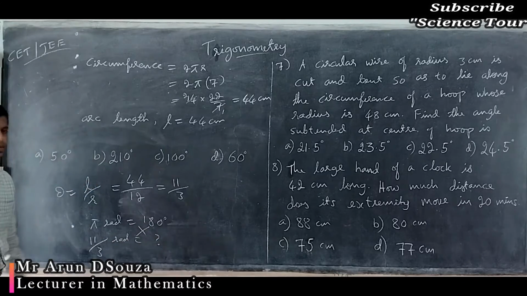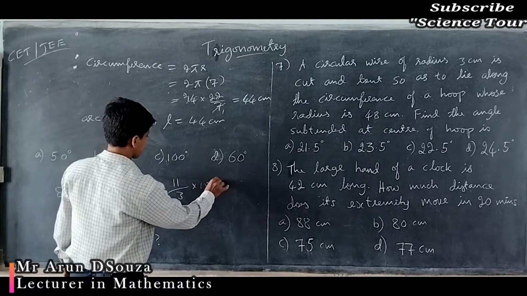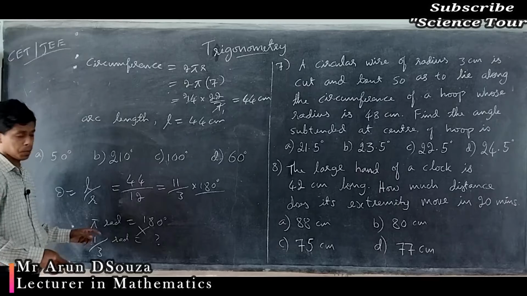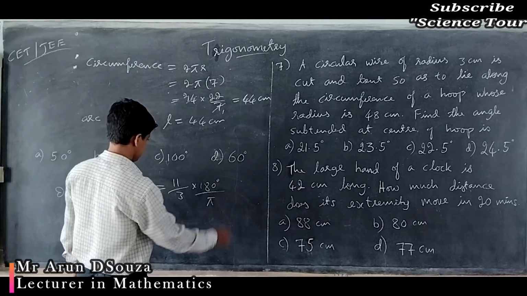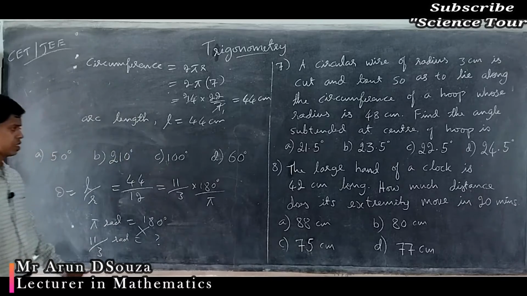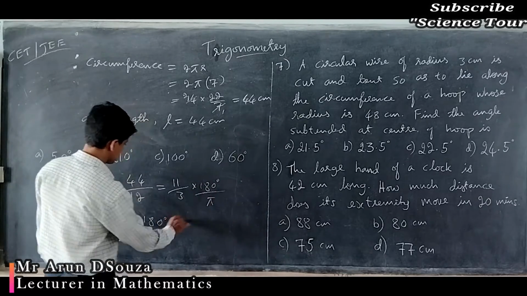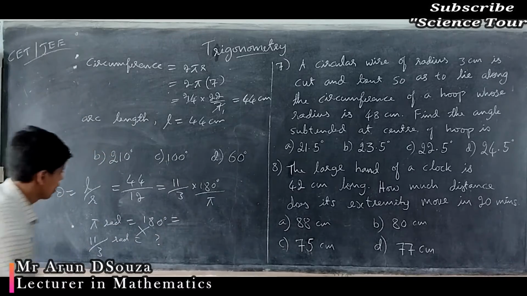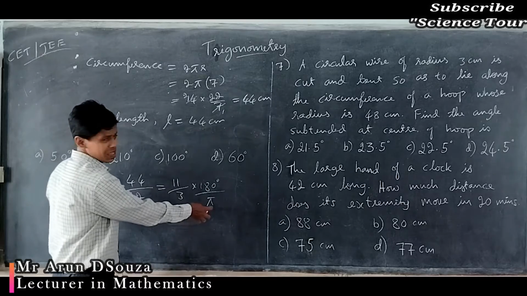Correct. So cross multiply, so 11 by 3 into 180 divided by pi. So we have to get this in terms of degrees. All right, so simplify this. When you simplify, replace this pi.